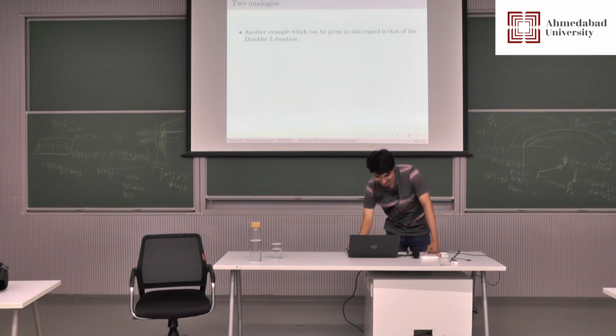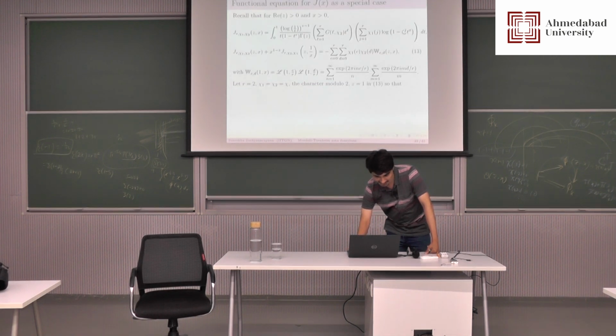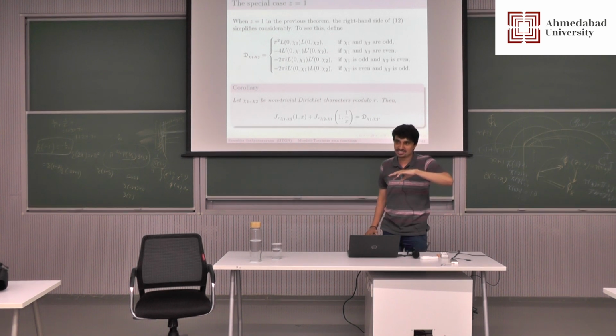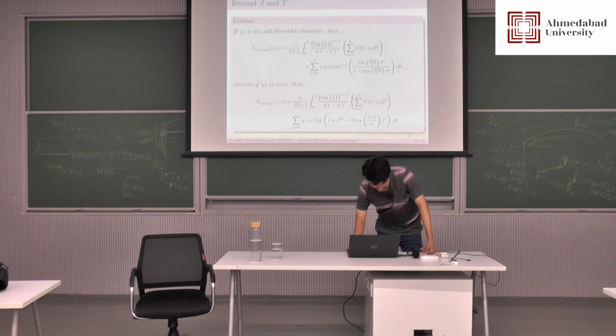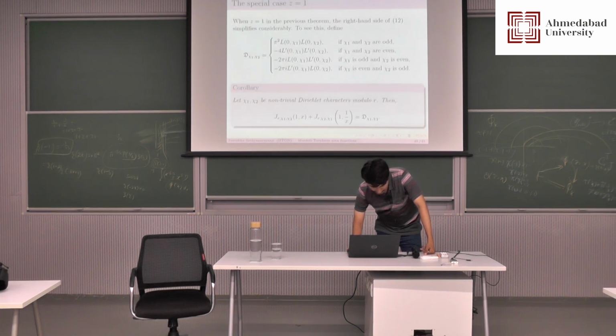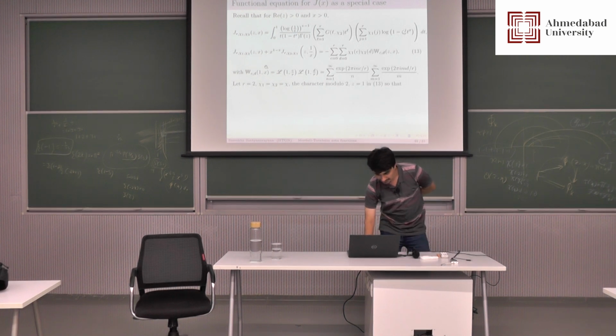This I am skipping as there is no time, like why we couldn't do that, and we had to go in some long direction. We analytically continue it and go in some other way. But the final part was, okay, yeah, I'll come here. Here, this is what we get after analytic continuation.